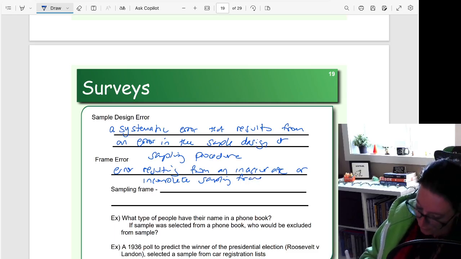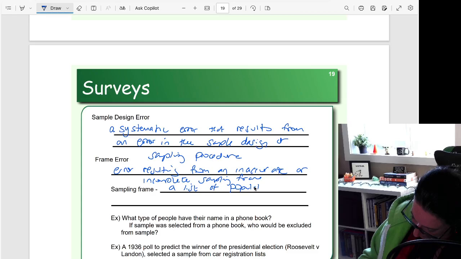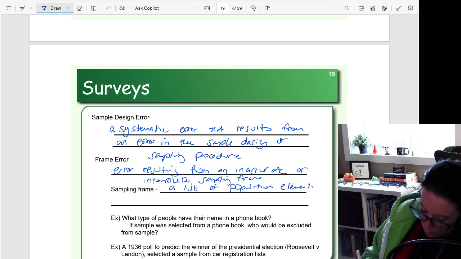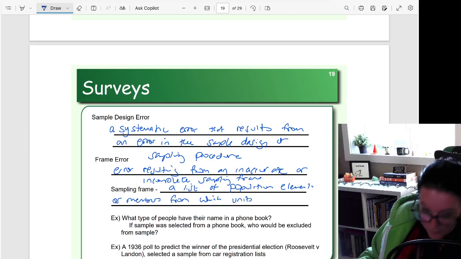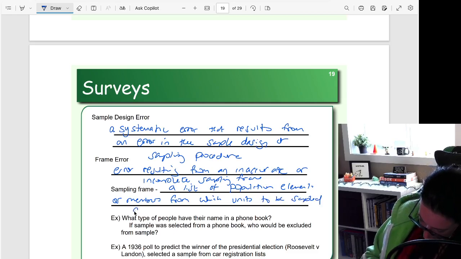A sampling frame is a list of population elements or members from which units can be sampled. Units to be sampled are selected.